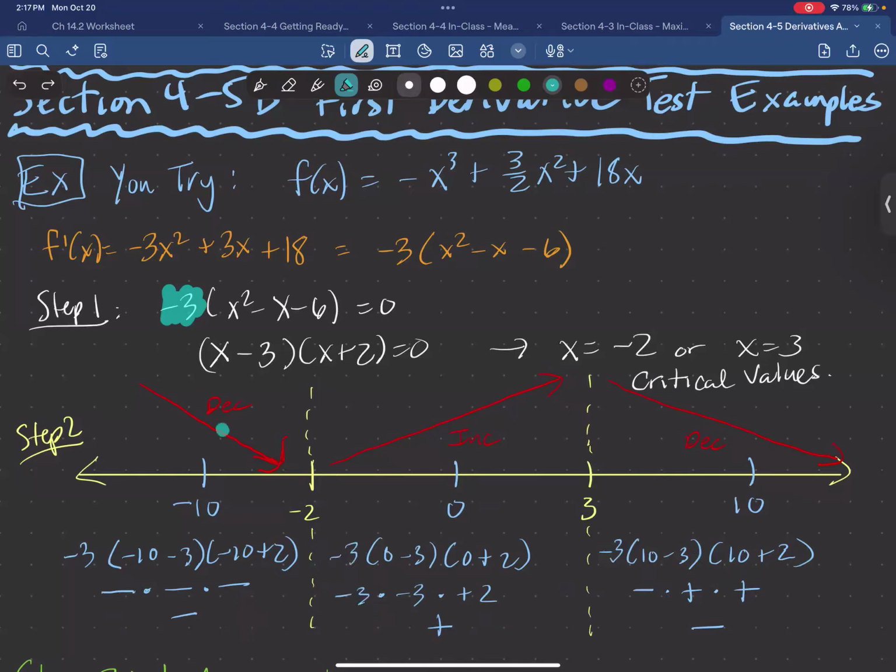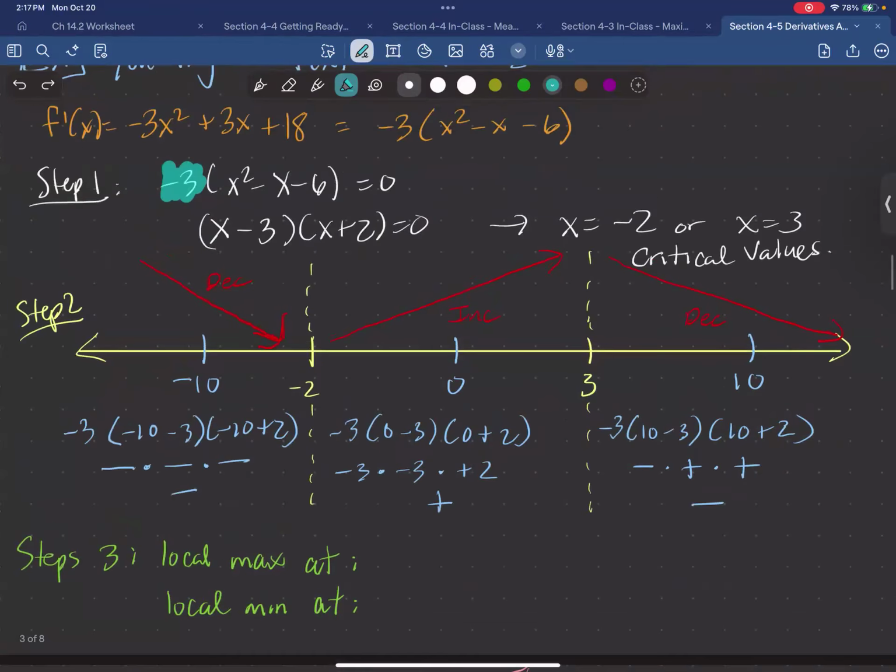It looks like we've got a bowl here, so this is a min. And we've got a peak here, so a max. And so we can identify our values like that. We've got a local max at x equals 3, and a local min at x equals negative 2.